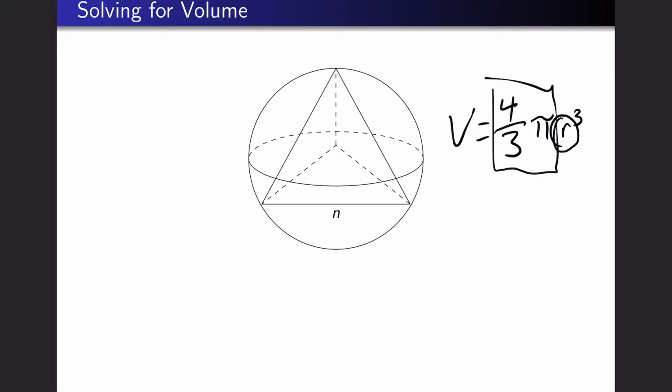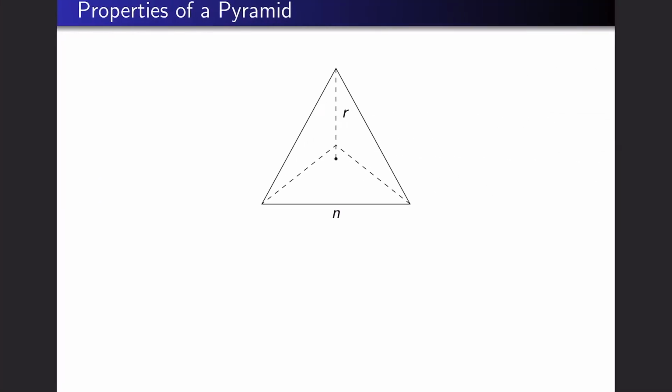Now, we don't have any direct measurements regarding the sphere, but we do know something about this n. So how can we solve for this r when we know that one of the sides of the triangular pyramid is n? Well, let's zoom in to the triangular pyramid.